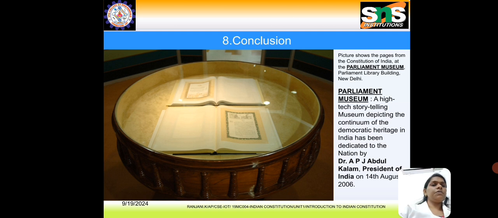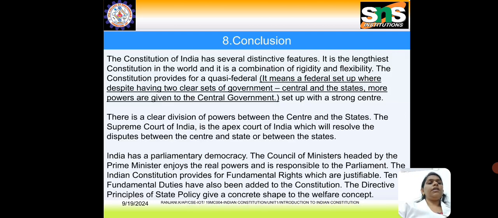This figure shows the Parliament Museum. It is a high-tech storytelling museum of democratic heritage, dedicated by Dr. APJ Abdul Kalam, the President of India, on August 14, 2006. It is in the Parliament Library building at New Delhi.